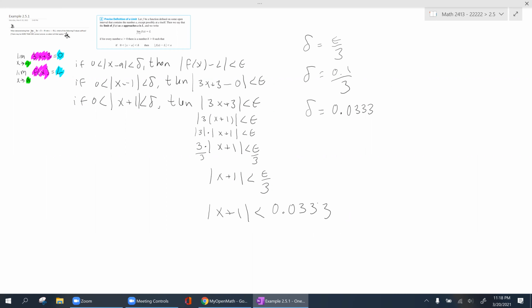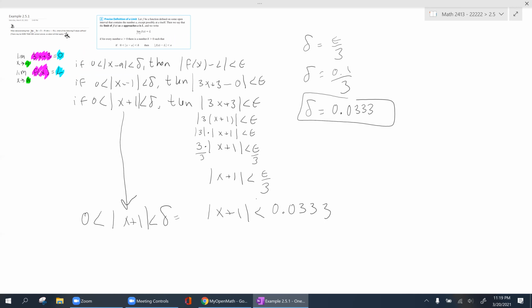But if that is my delta, if you solve for your delta, let's break this down here. This is just 0 is less than the absolute value of x plus 1, which is less than delta, but you already know what delta is.